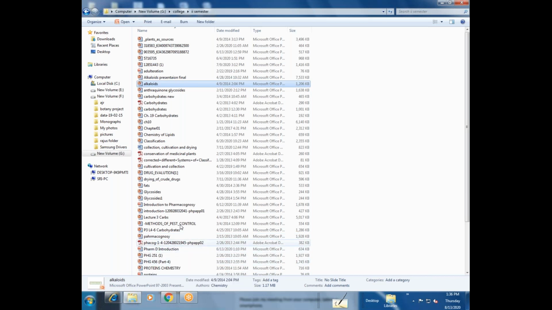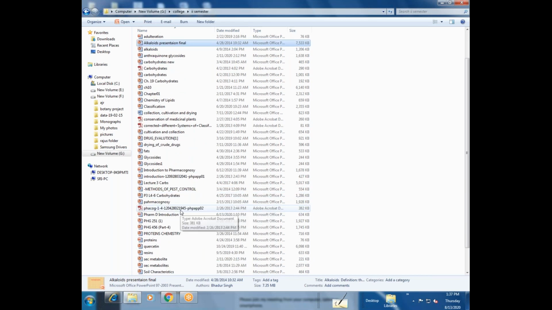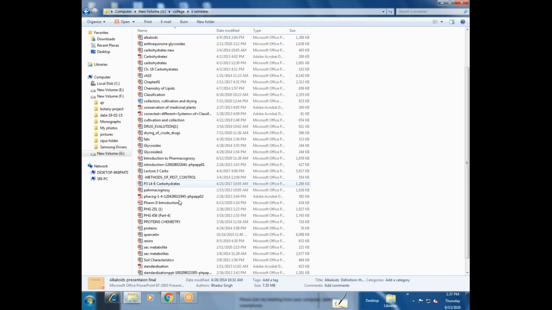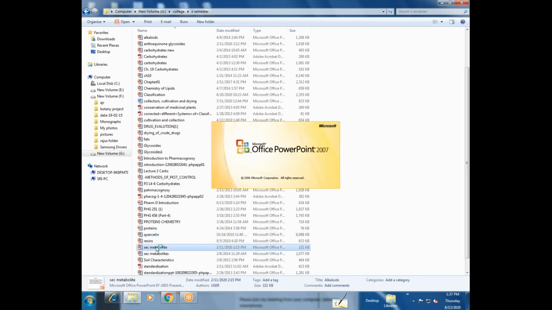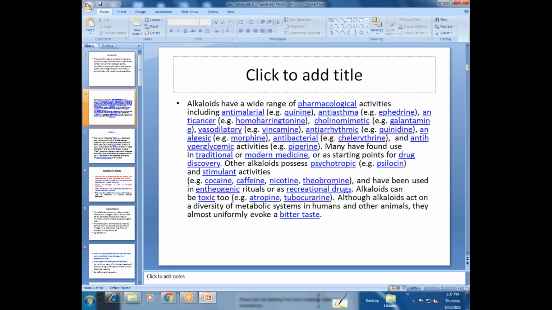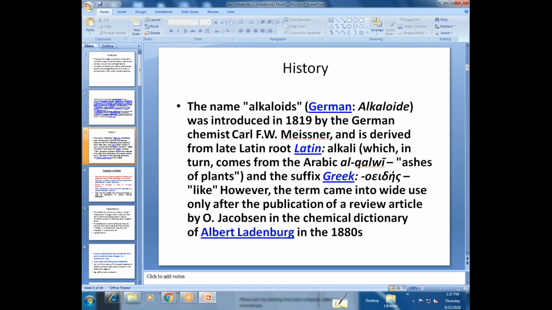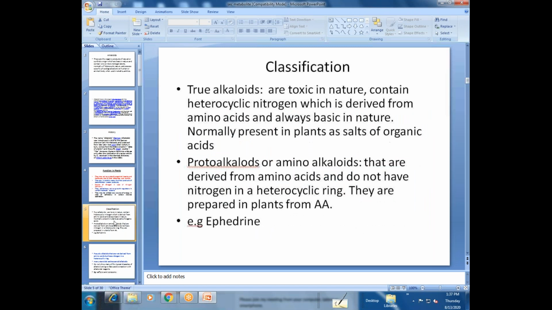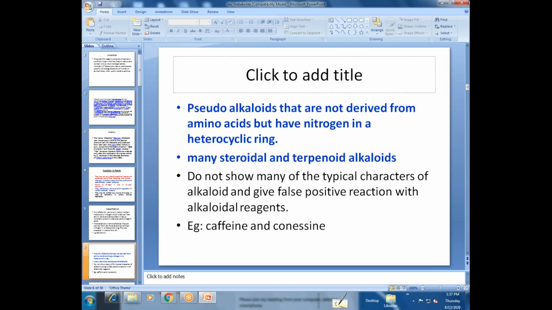Alkaloids are a group of naturally occurring chemical compounds containing basic nitrogen, in a heterocyclic ring of nitrogen with some other atoms like carbon, hydrogen.